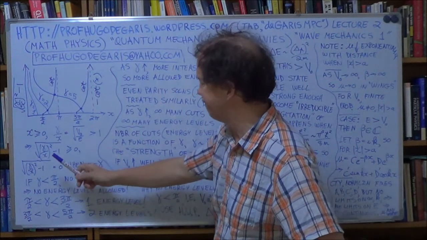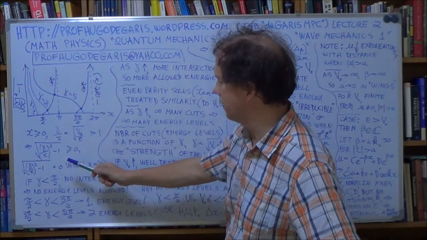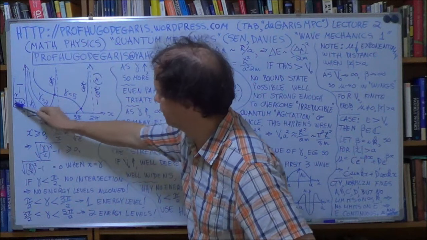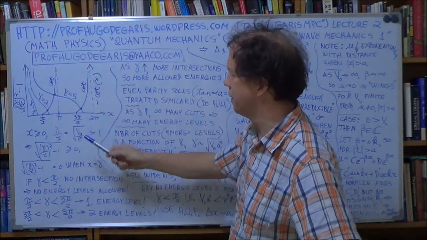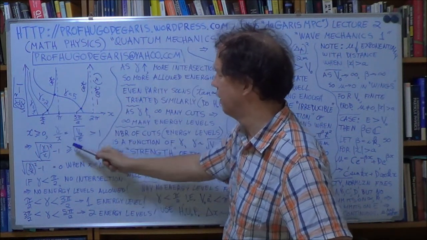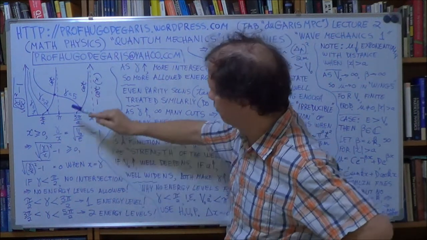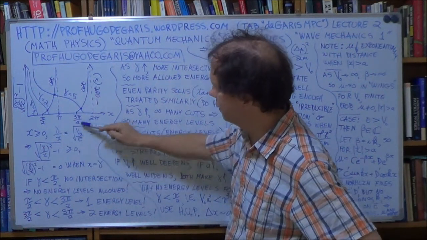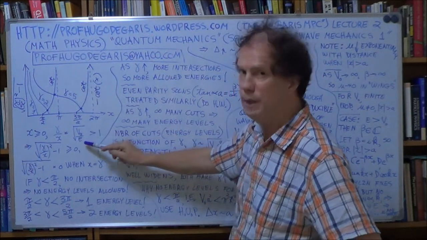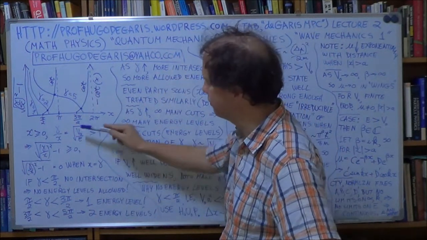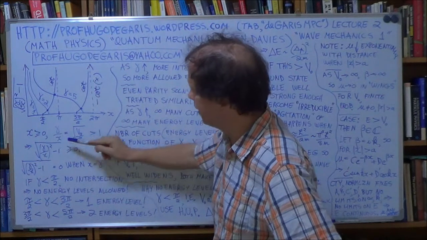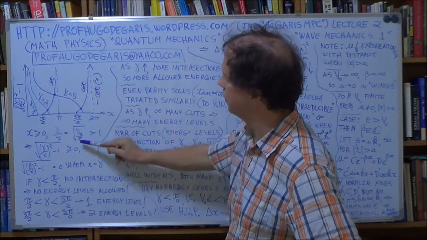Because gamma over x is greater than 1. The definition of gamma over x is just the square root of V naught over E, if you plug in the values.